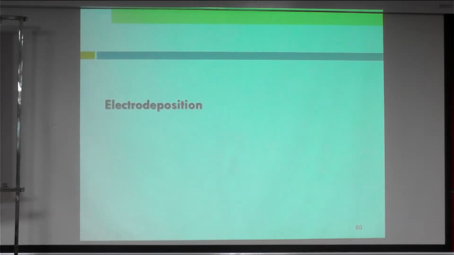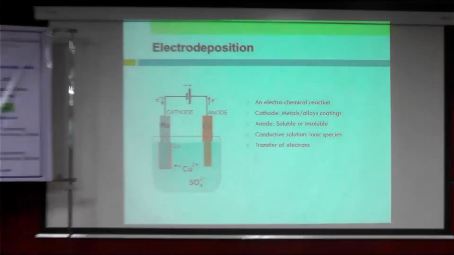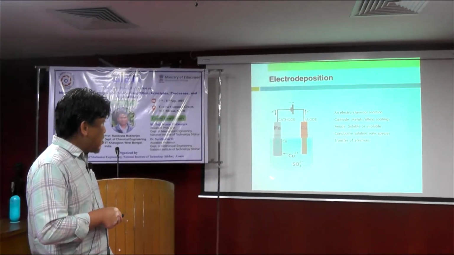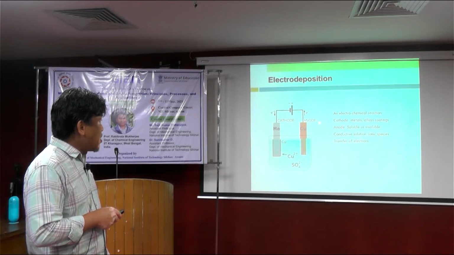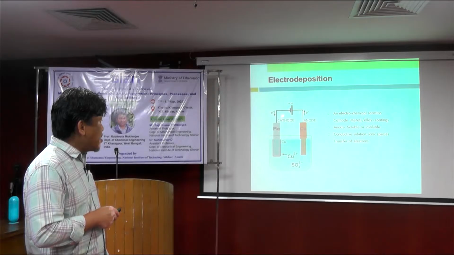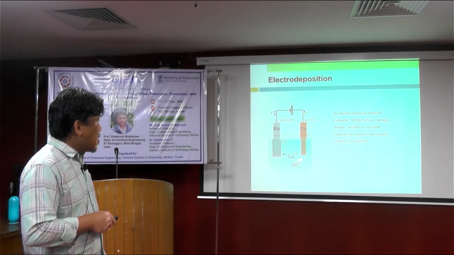Next is the electrodeposition process. Electrodeposition is a quite simple setup, and quite cheap, I would say. Here you can see the layout of the setup. We need a cathode and anode, then we apply potential or current density, and you have your solution, or electrolyte.